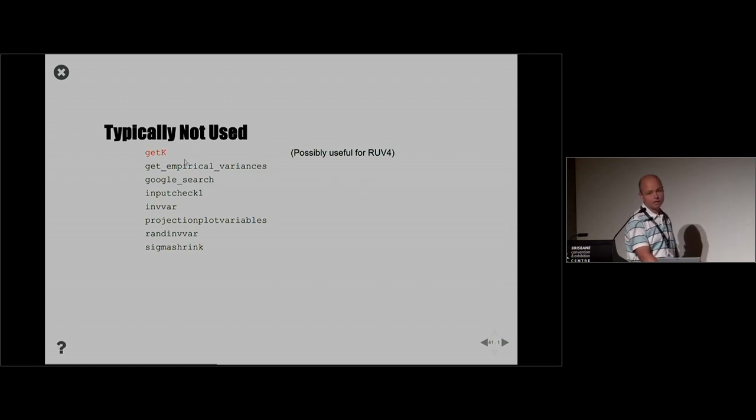But typically, when you're doing RUV4 or RUV2, you'll want to choose that K by hand. In fact, one of the main strengths of RUV4 and RUV2 is allowing you to choose that K by hand. The only reason that this is included in the package is for situations where you do need to choose a K, but it just is not feasible to do it by hand. For example, if you're doing some simulation studies. But in general, I want to point out that this really is not something that you want to use.